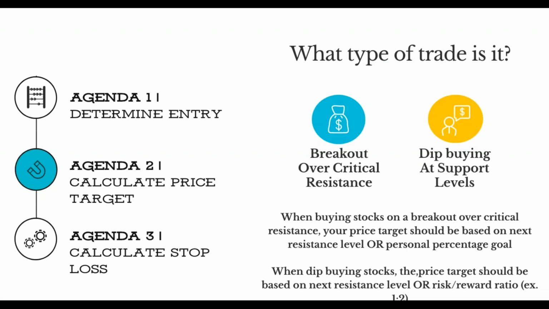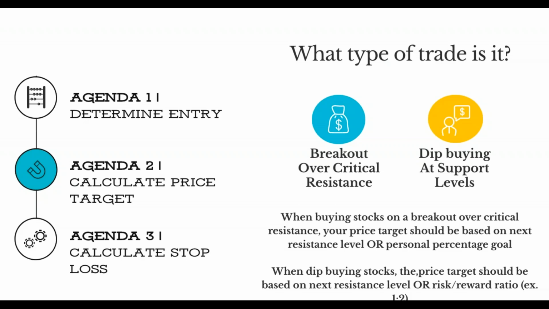But when dip buying stocks, the price target should be based on its next resistance level or, again, a personal percentage risk-reward ratio. I usually stick to at least a 2-to-1 risk-reward ratio. So if I'm risking $100, I want to have a $200 win price target, right?